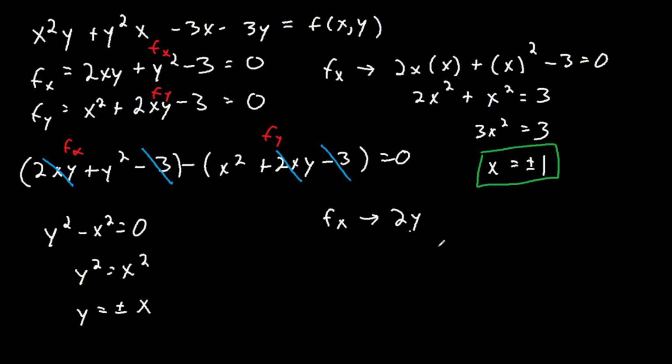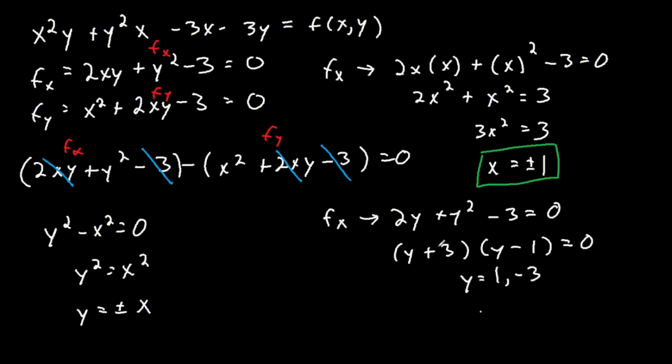We get 2y plus y squared minus 3 is equal to 0. And in this case, you can actually factor this out. Can you? Yes, you can. y plus 3, y minus 1 is equal to 0. So y is equal to 1 and negative 3.